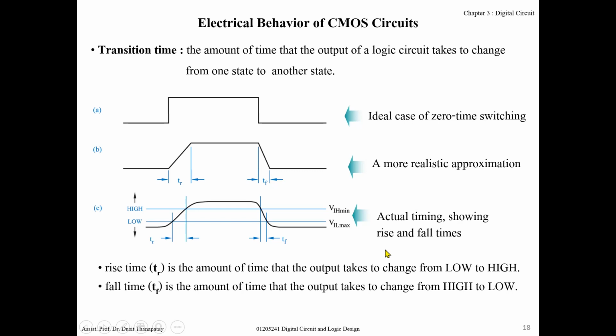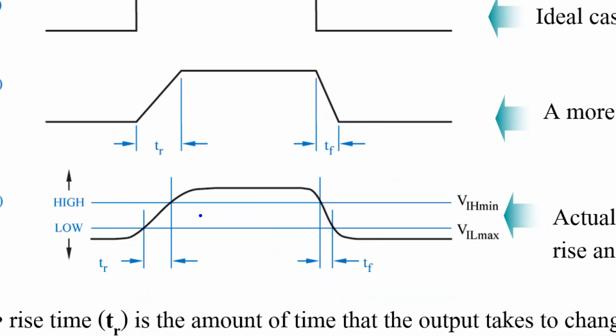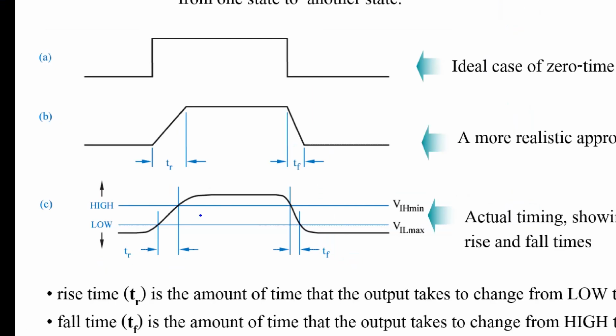Another parameter is transition time. In the ideal case, the signal in a digital circuit can change from low to high suddenly, namely from 0 volt to 5 volt. But in practice, because of some internal capacitance or internal resistance, the behavior of the circuit is like an RC circuit.